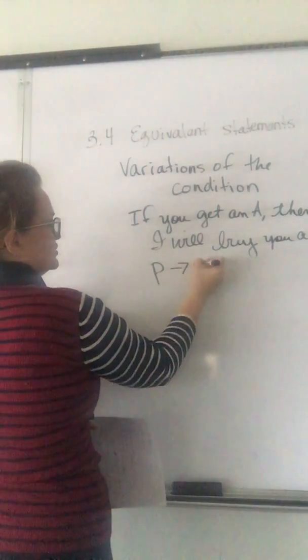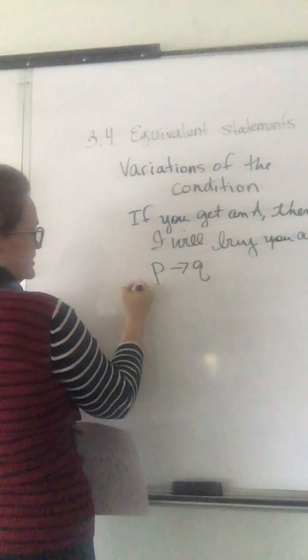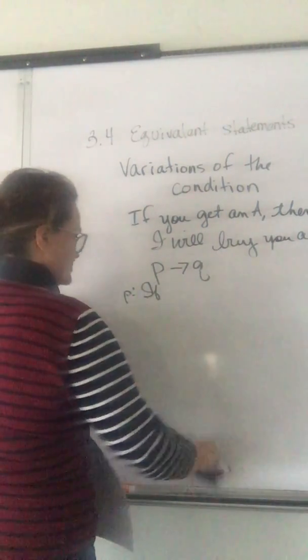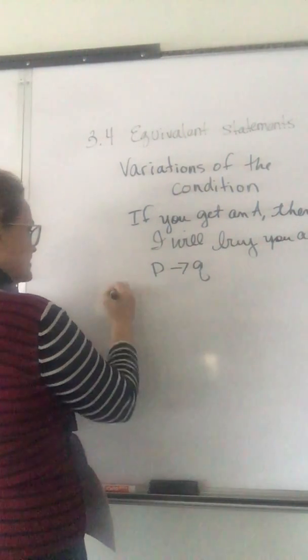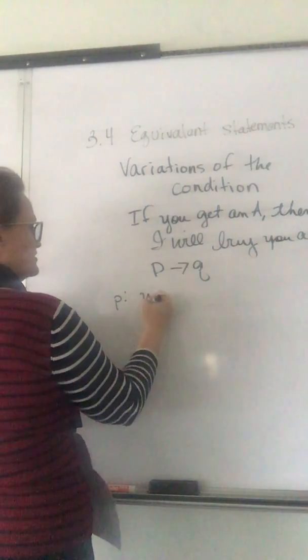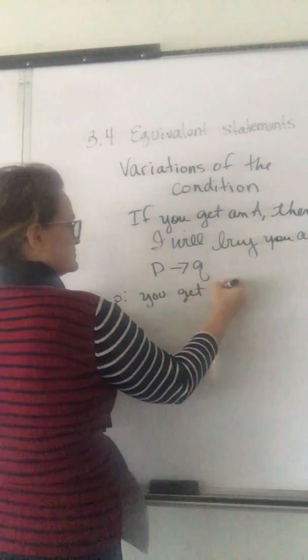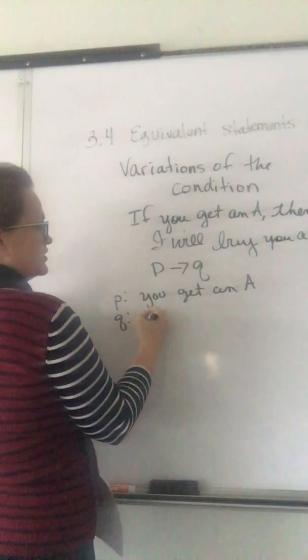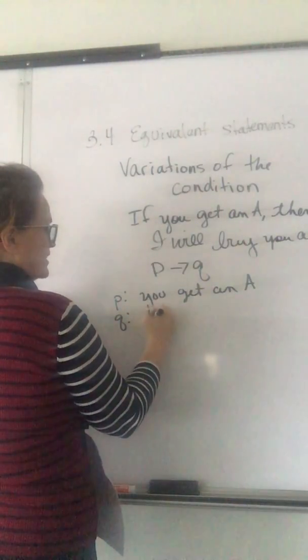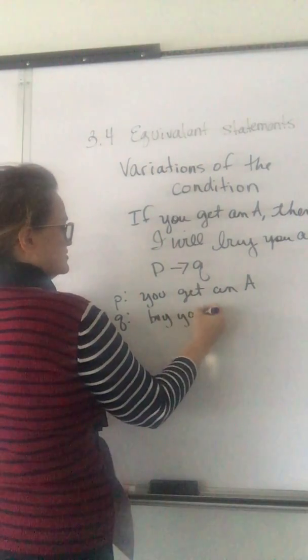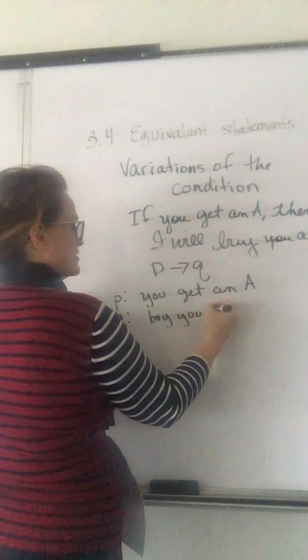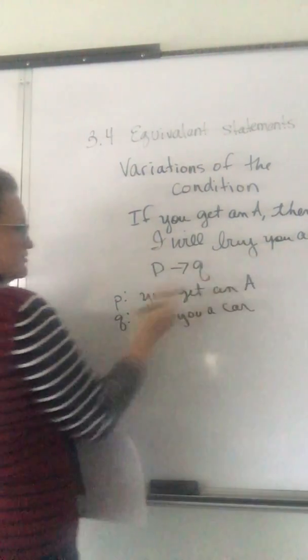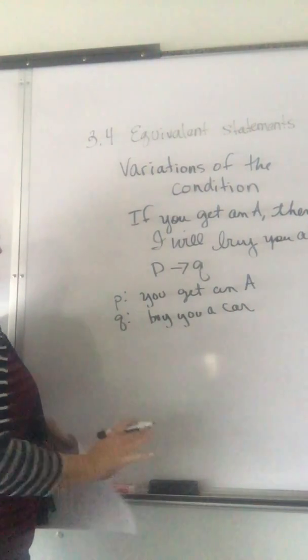If P, then Q. P is if you get an A. So let's call statement P, you get an A. And statement 2, or Q, sorry, I will buy you a car. I'll just shorten that. Okay, so we got if P, then Q is the original conditional.